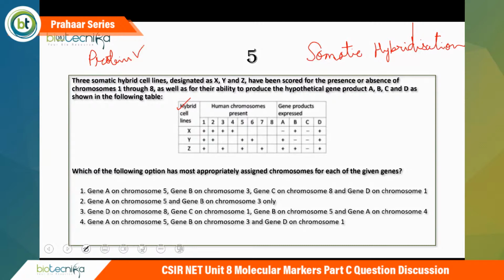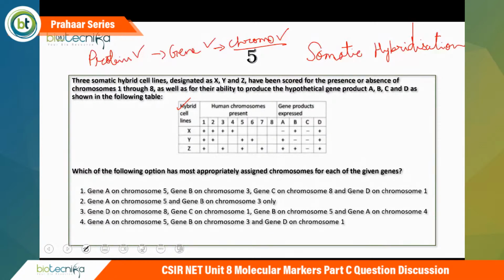Now, a gene cannot just stay in the air, and a gene cannot move in the cytoplasm either, so where will the gene be? If the gene is present, it means the chromosome which is carrying the gene will be present. So if a hybrid cell has the protein, it will also have the chromosome that carries the gene for that protein.